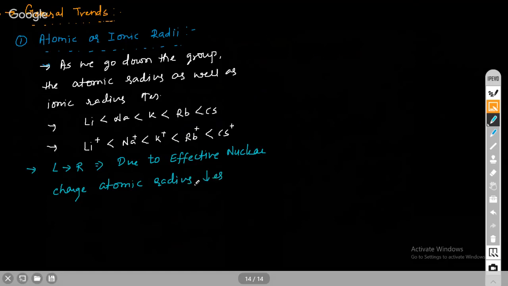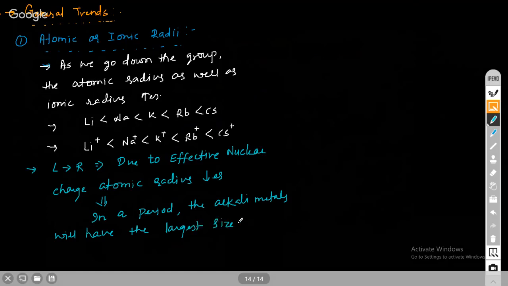So in a period, the alkali metals will have the largest size.